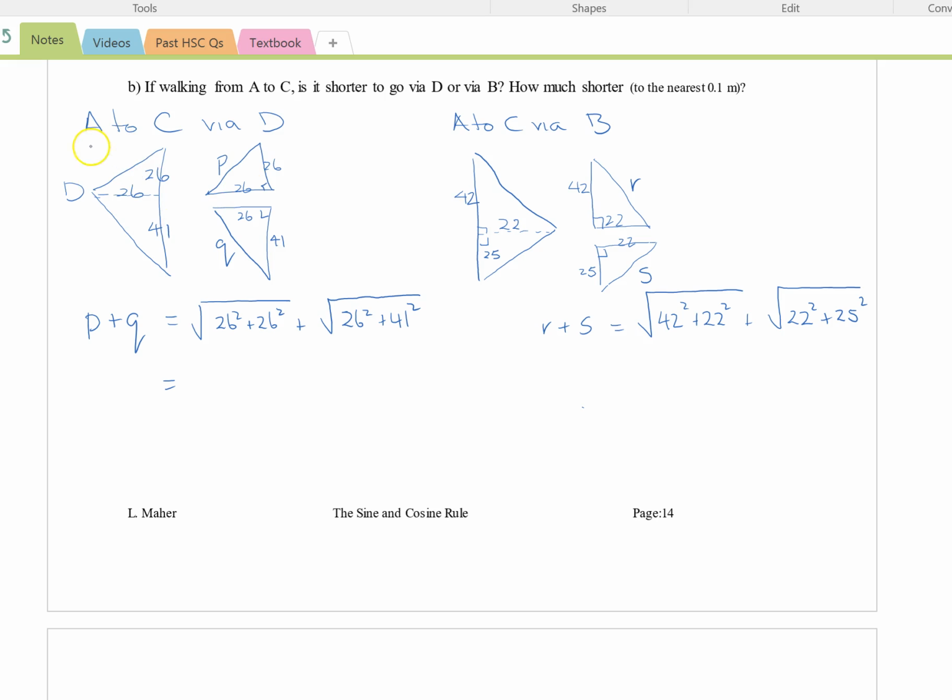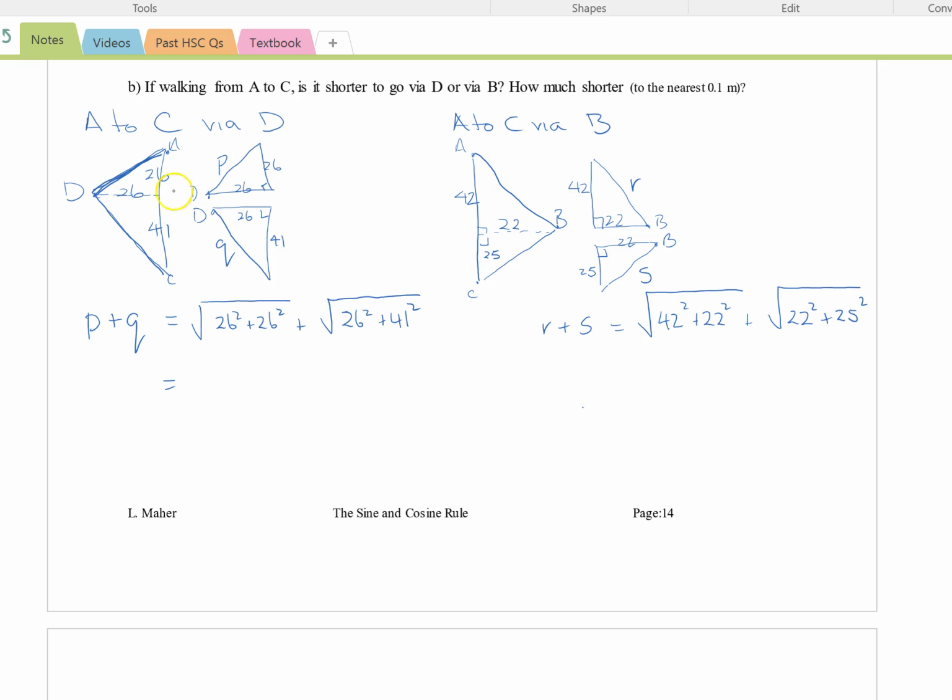I've drawn here from A to C via D, and here I've got A to C via B. This was the point B, and I think the top was the A and the bottom was the C. Same over here, except I've got the left-hand side: A to C, going via D. If you're going via D, along here and then down there to get to C, I've redrawn those two triangles, because the only way to get that length is to separate this into a right angle triangle.